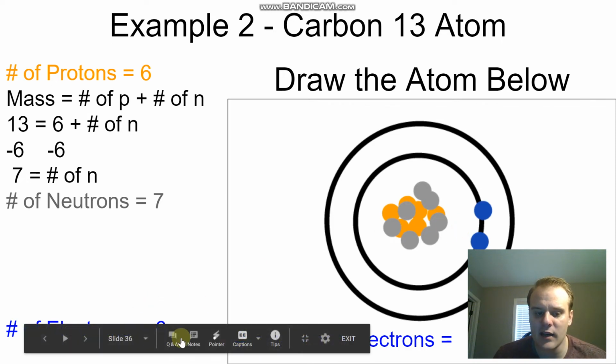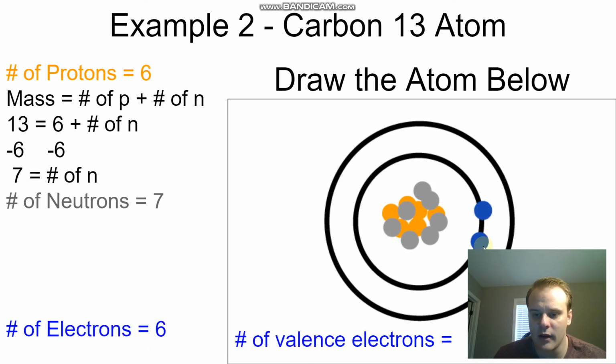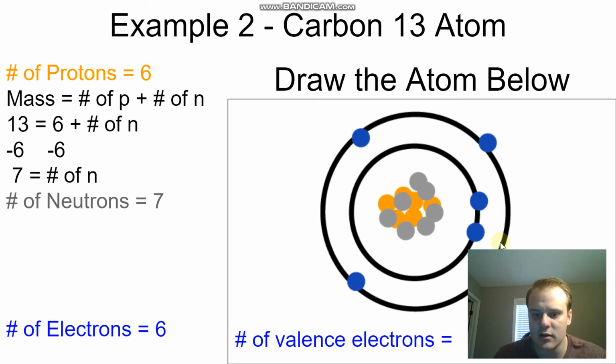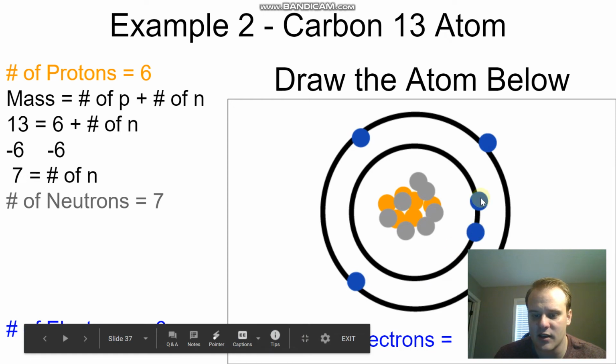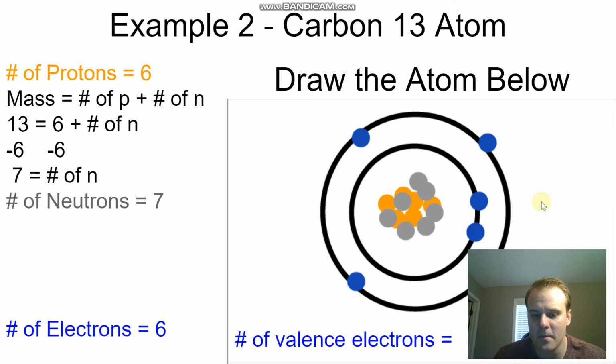We need to get up to 6 electrons total for this atom. We already have 2, so we're just going to add 4 electrons to our picture. And so now if we count the number of electrons, it's 1, 2, 3, 4, 5, 6. So 6 total electrons, that's what we were trying to get to.